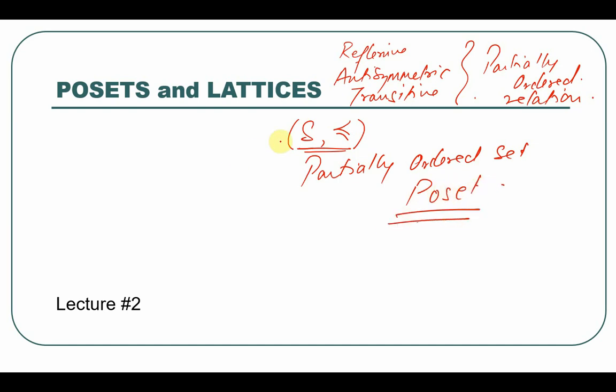So in the previous lecture we have seen that the relation that is reflexive, antisymmetric and transitive is called a partially ordered relation, and the relation along with the set is called a partially ordered set. We also saw that if, let us say, there are two elements A and B belonging to the set S, and if we say A is partially related to B, it means that A is related to B, but it also encloses the possibility that A is equal to B. Why?